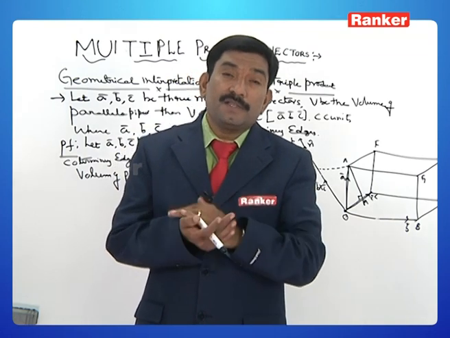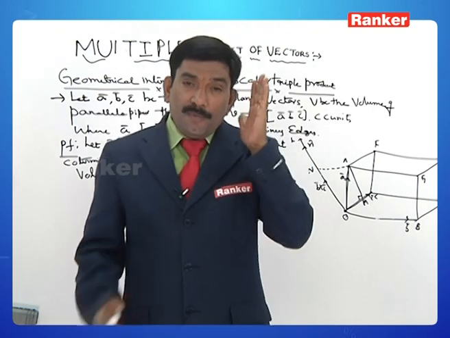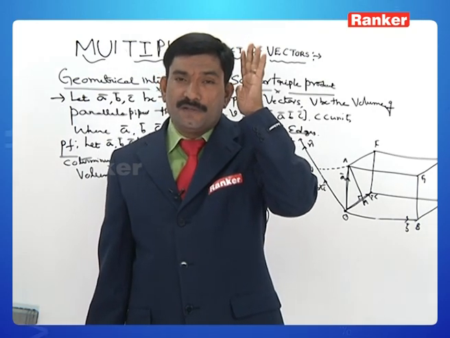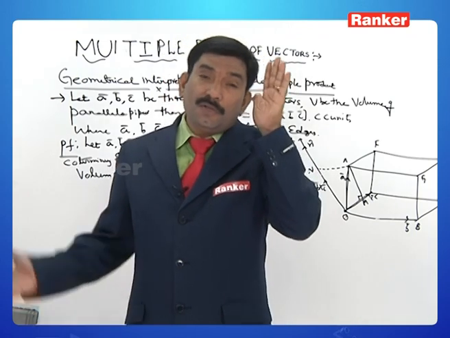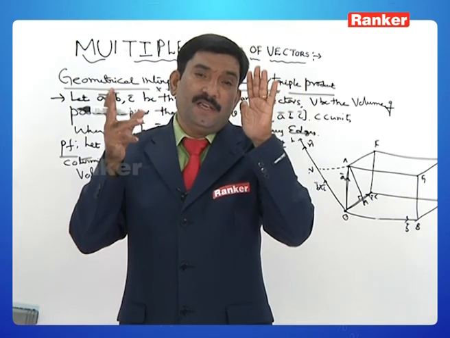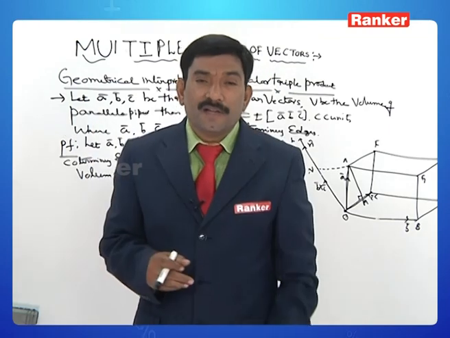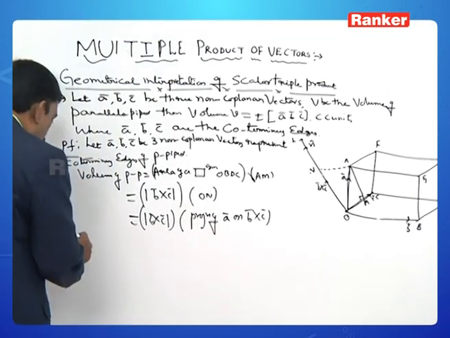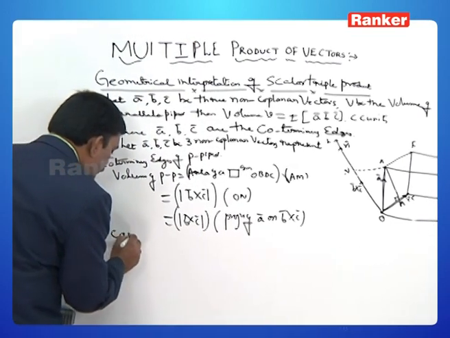You have to change the direction of A bar. When A bar and B bar cross C bar are in opposite direction, then to get into right-handed system, minus A bar, B bar, C bar are in right-handed system. So therefore, now case 1 comes. What is case 1?